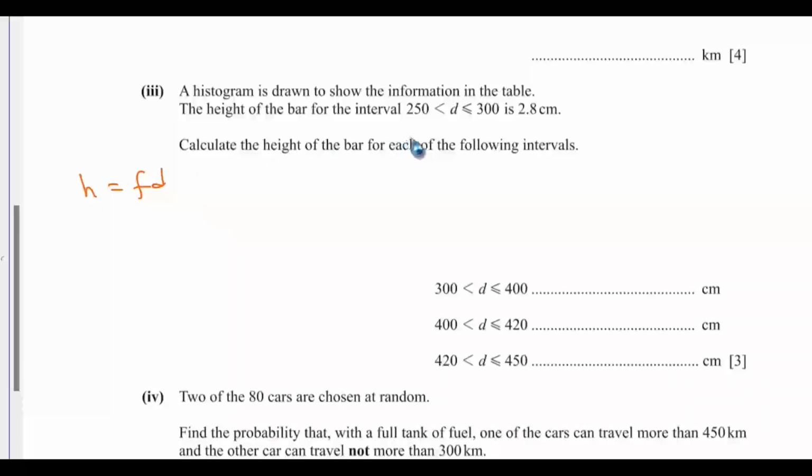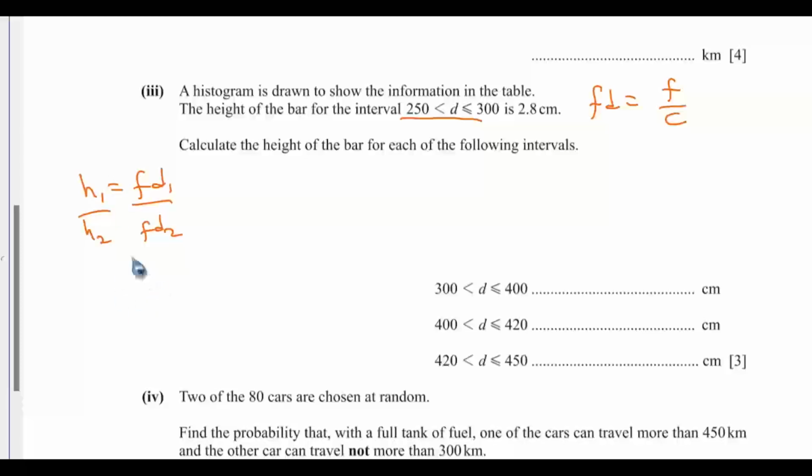For the first class interval we are given the height, so I can say h1 equals frequency density 1. We know the formula for frequency density equals frequency over the class size.